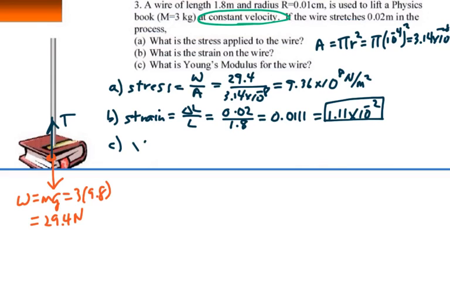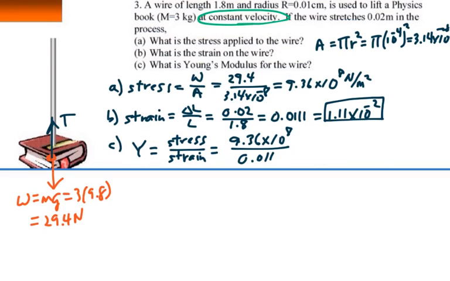So now our Young's modulus is the stress over the strain, cause over the effect. So in this case, that's going to be 9.36 times 10 to the 8 newtons per meter squared over 0.011, and that is equal to 8.42 times 10 to the 10 newtons per meter squared.